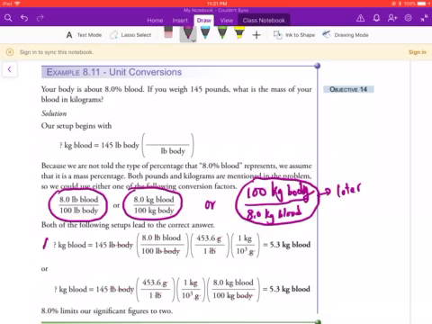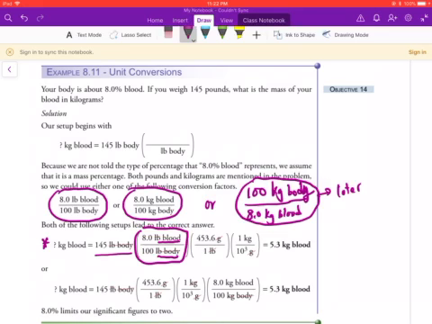So you start with the 145 pounds body weight. Then you multiply by the conversion factor that gets rid of the body weight and goes to the blood weight, a pound-to-pound ratio.